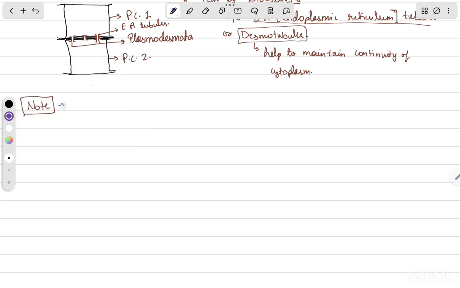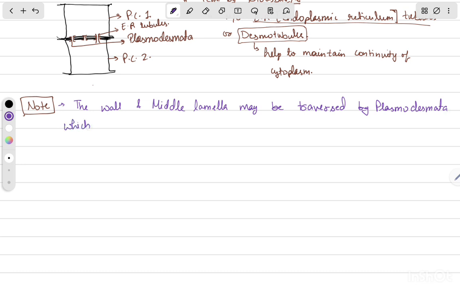that the cell wall, which is toward the inner side, and middle lamella, which is toward the outer side of the cell, cell wall and middle lamella may be traversed by plasmodesmata, which connect the cytoplasm of neighboring cells.